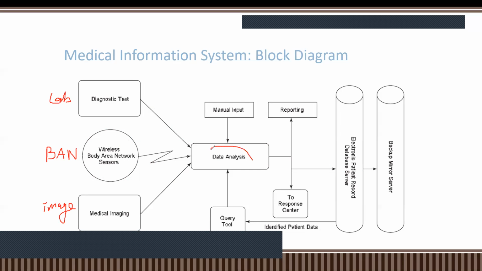Data is analyzed in the form of digital analytics, and it is also guided by the medical expert, and different reports and information are generated for the response center.